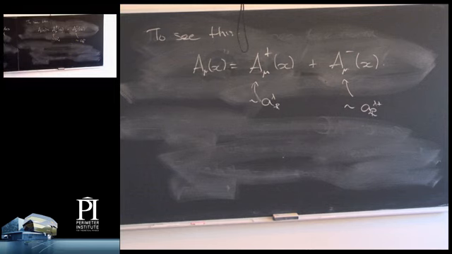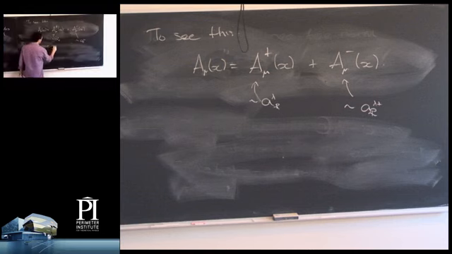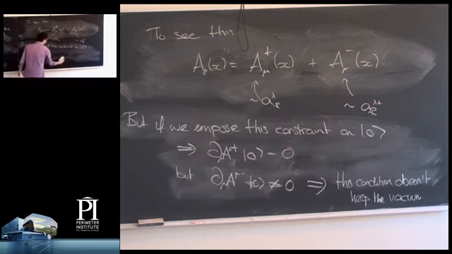So why is this too strong? Well, let's look at this on the vacuum. We can impose this constraint on the vacuum. Well, the first guy kills it immediately. But the second guy with the creation operator, that doesn't.